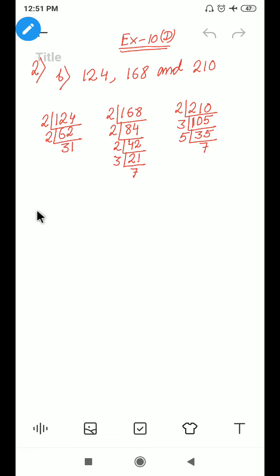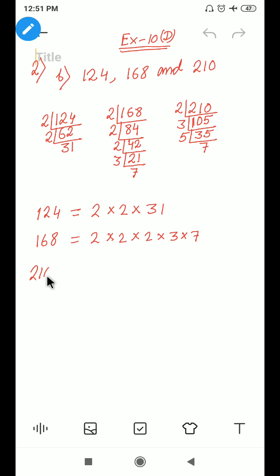So you can write 124 as 2 into 2 into 31, 168 as 2 into 2 into 2 into 3 into 7, and 210 as 2 into 3 into 5 into 7.